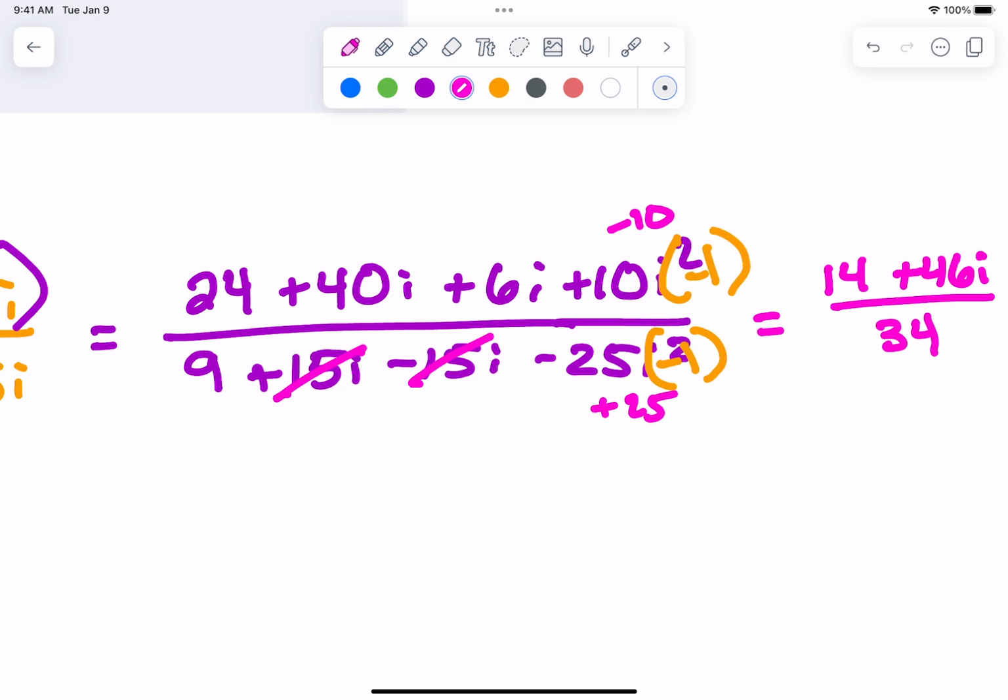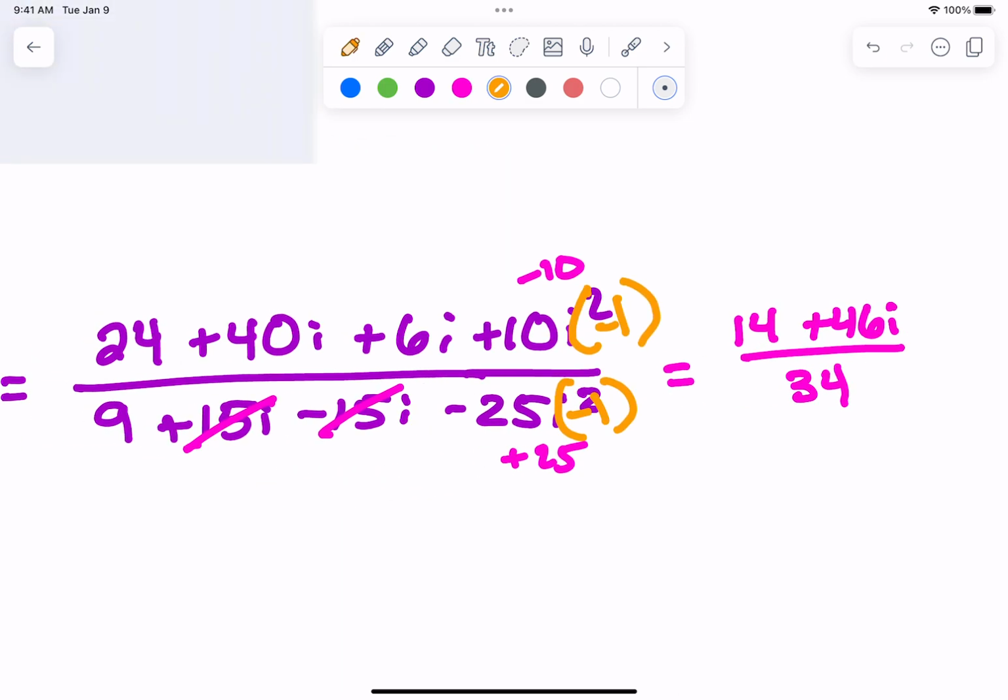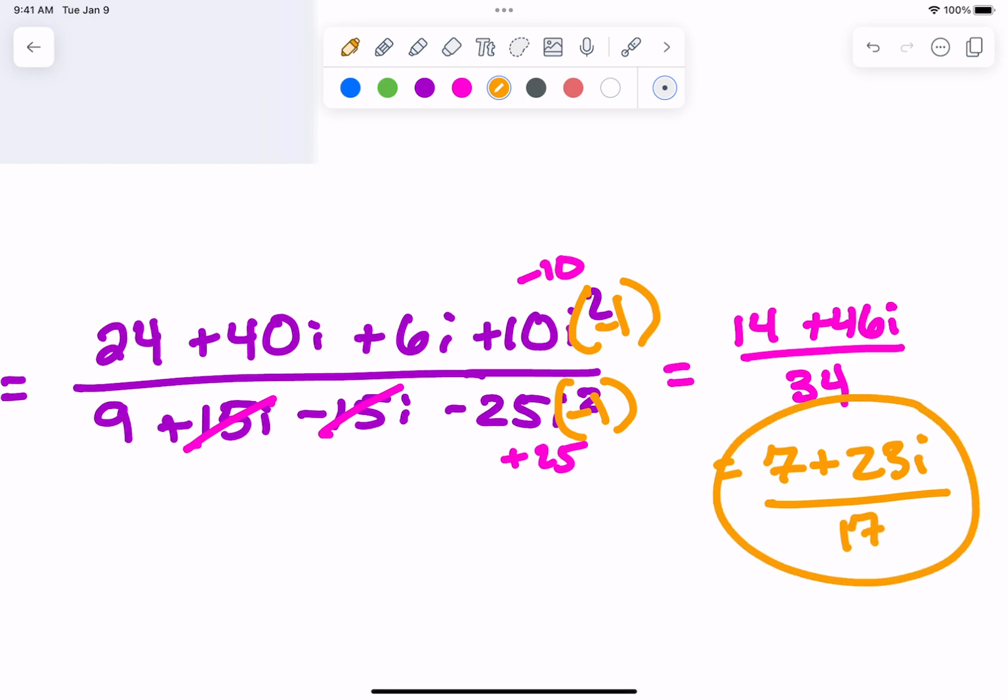Okay, did you guys get to that far? He's not done yet because all 3 of those parts are divisible by 2. So if I divide by 2, I have 7 plus 23i over 17. 7, 23, and 17 are all prime. So we're done. Okay, cool.